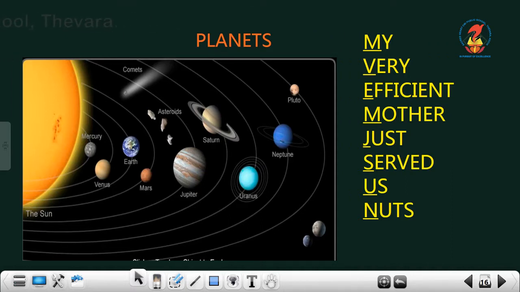Clear? That is, my very efficient mother just served us nuts. So take all the first letters and connect them with the names of the planets. So it is an easy way. For example, M stands for Mercury, V stands for Venus, E for Earth, M for Mars, then J for Jupiter, S for Saturn, U for Uranus and N for Neptune.